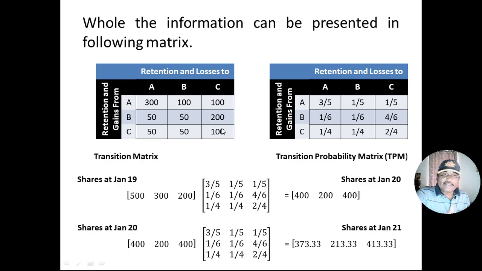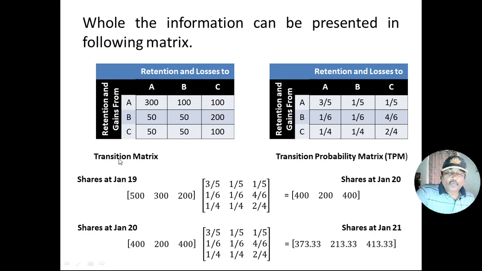Okay, now the whole dynamics, what is happening with each company as far as brand switching is concerned, are state changing. We will be saying that these are the states to begin with and these are the states to get converted to, right? A may change to A, A may change to B, A may change to C, or state B may change to A or B or C, or likewise state C may change to A or B or C. So it is the brand switching or state switching mechanism we are concerned with, right?